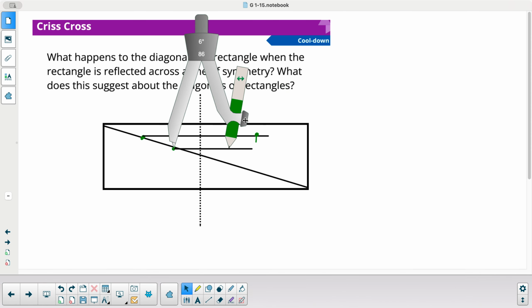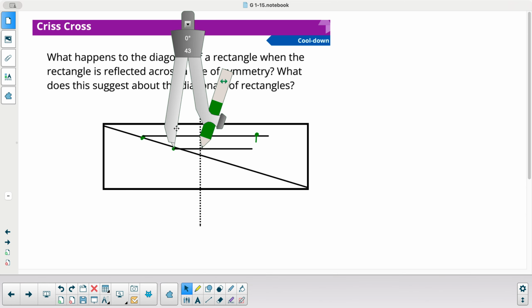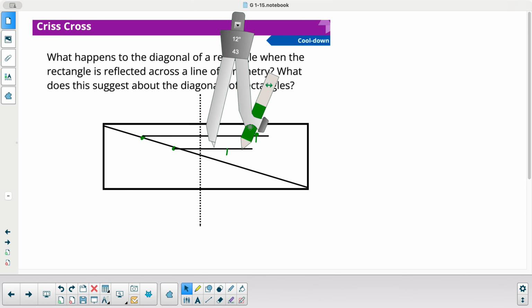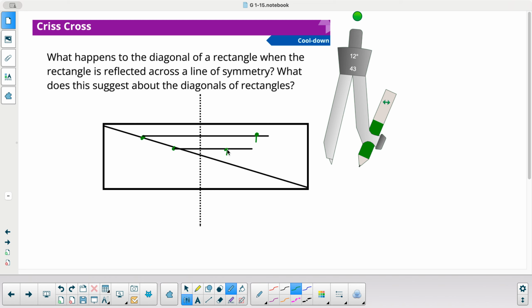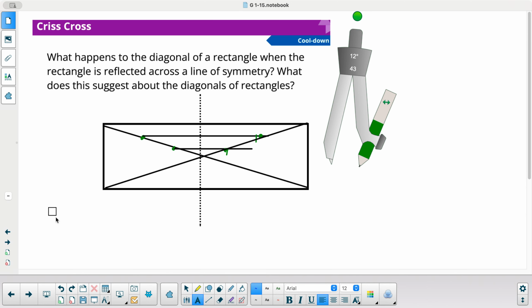This distance will be equidistant right here. So what you start to see is these all line up, and pardon my picture, this point is a little off, but it should have been more like right there. Anyways, you get the other diagonal. I think it was off because my line of symmetry is off here. You can tell that it doesn't go right in the middle, but again, I just estimated it. So your answer is you get the other diagonal.